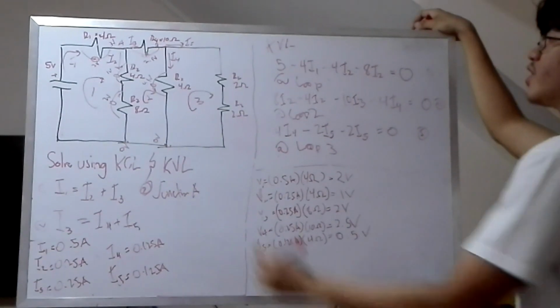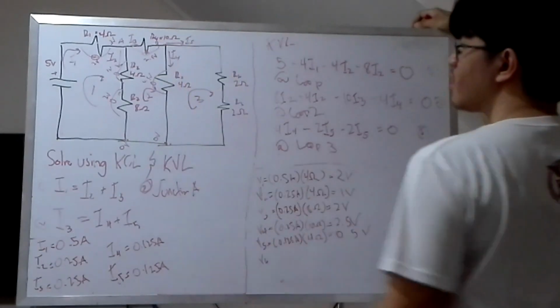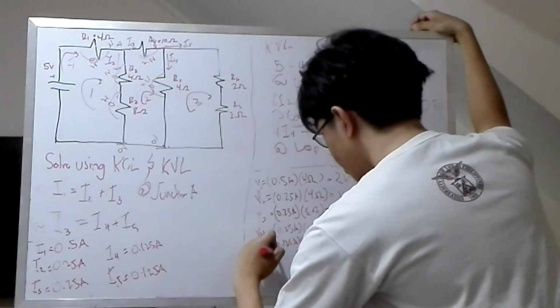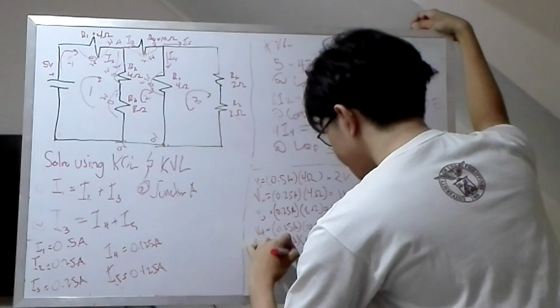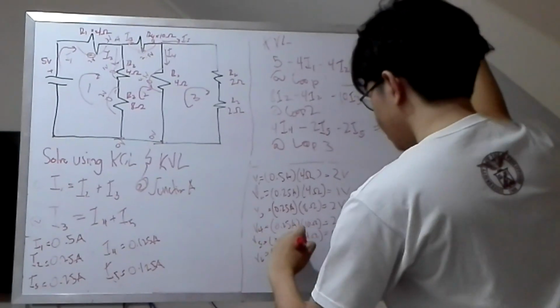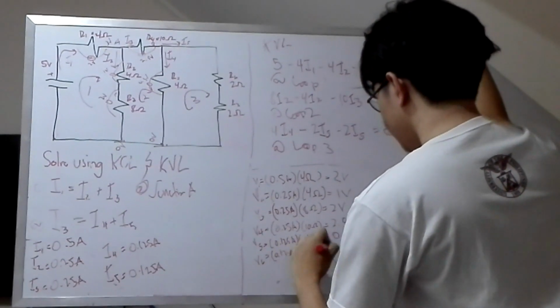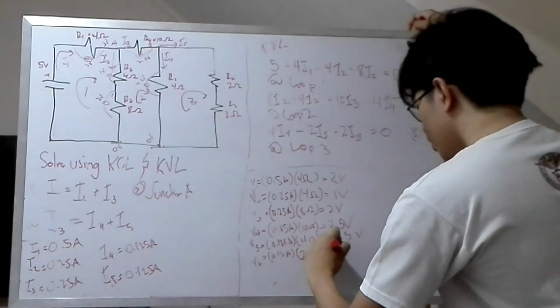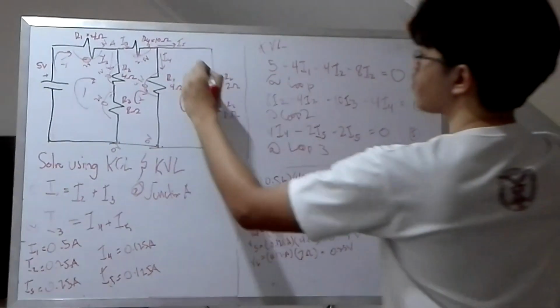So the voltage across resistor 6 would be the current I5, which is once again 0.125 amps, multiplied by 2 ohms, equal to 0.25 volts.